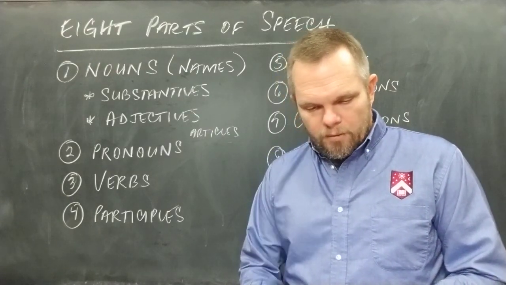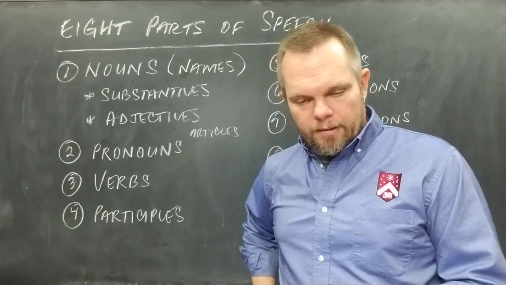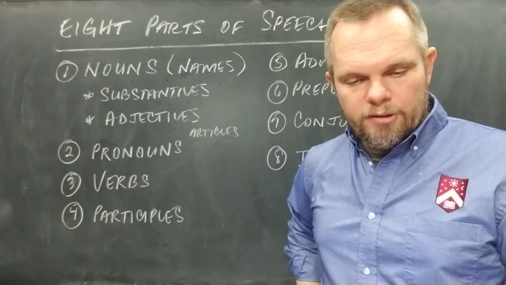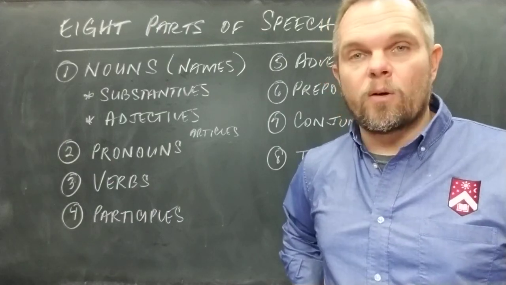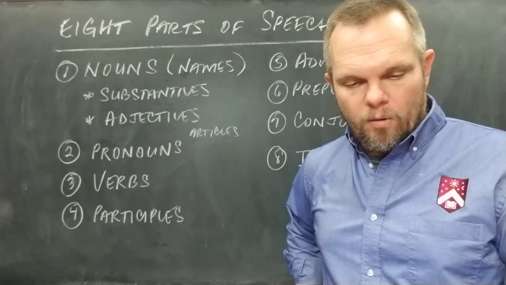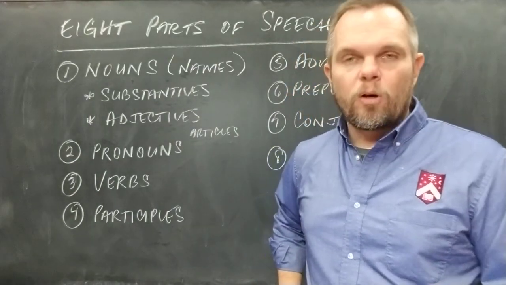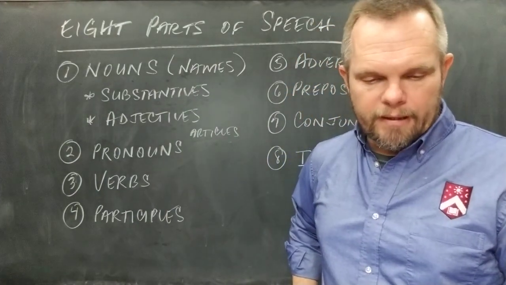Next, every word by which we express that persons or things do anything or are anything or have anything done to them is called a verb. Let me read that again.